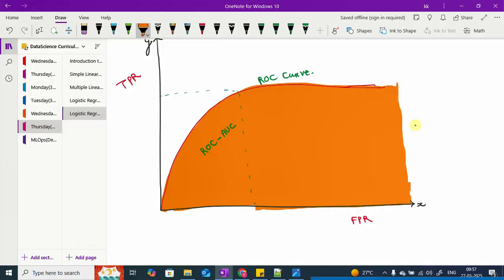Under the ROC curve, the area it captures is called ROC AUC. Then it has a certain value, guys. All of you clear?